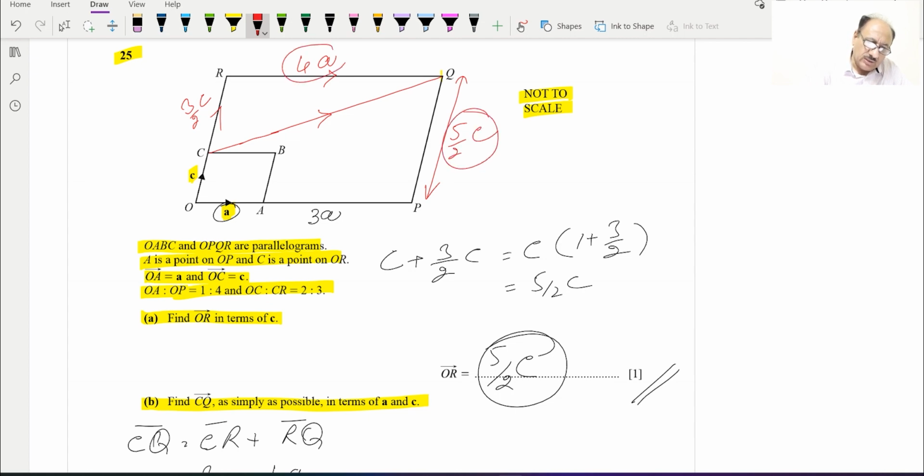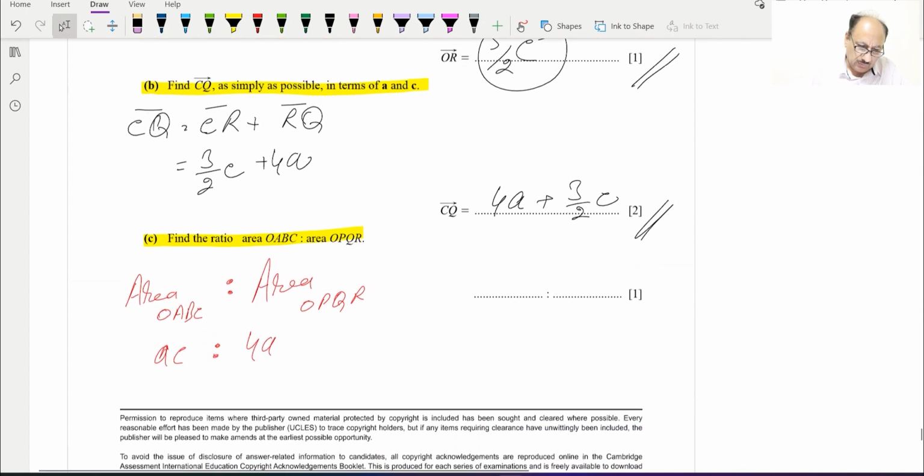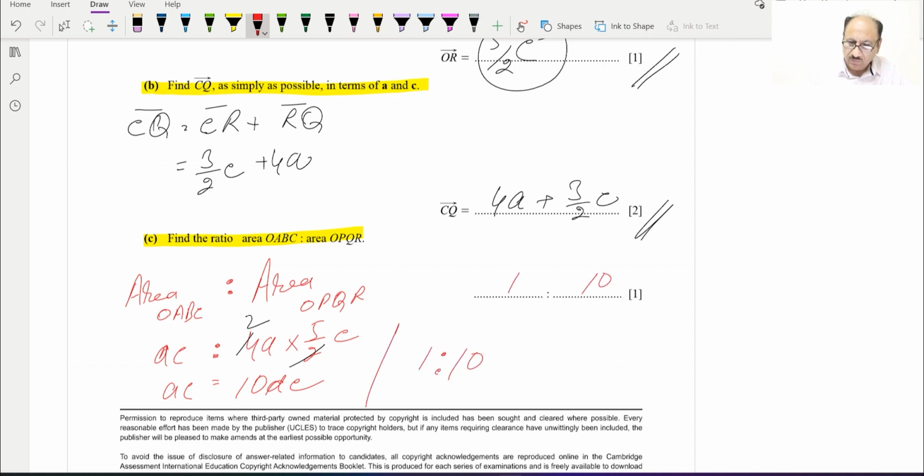So this will be 4A into 5/2C, and this will be equal to, 2 we can cancel this, 2 2s are 4 and this will be 10, so we can write here 10AC. So 1:10 we can write here. This will be our final answer for 1 mark.